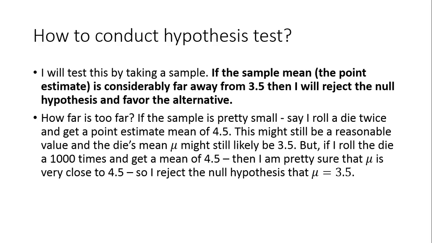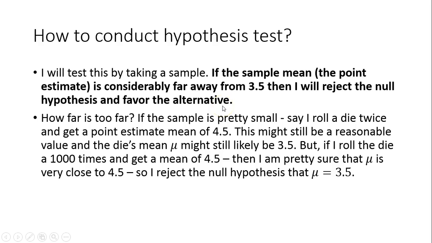I would first gather the data, and we'll call it the data sample. Using the sample data, I can compute the sample mean from the data. This is called the point estimate. And if that is considerably far away from 3.5, then I will reject the null hypothesis and favor the alternative.